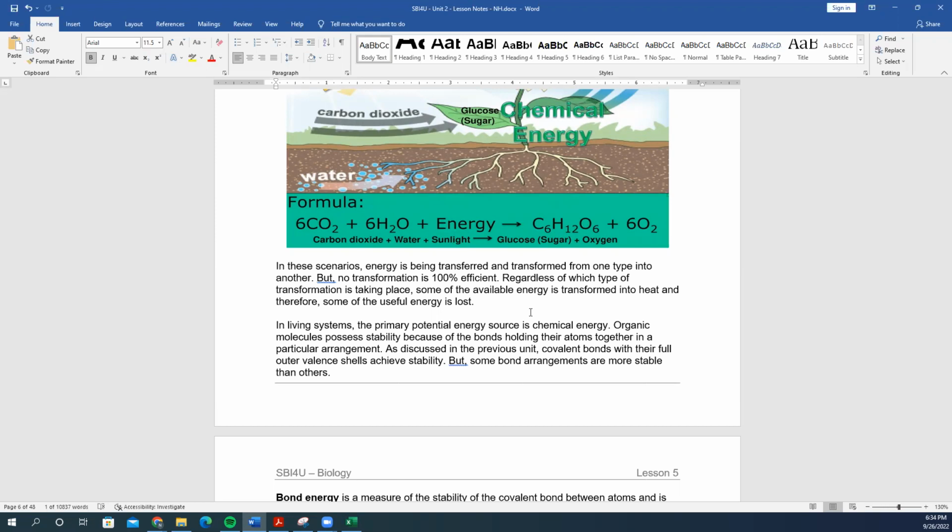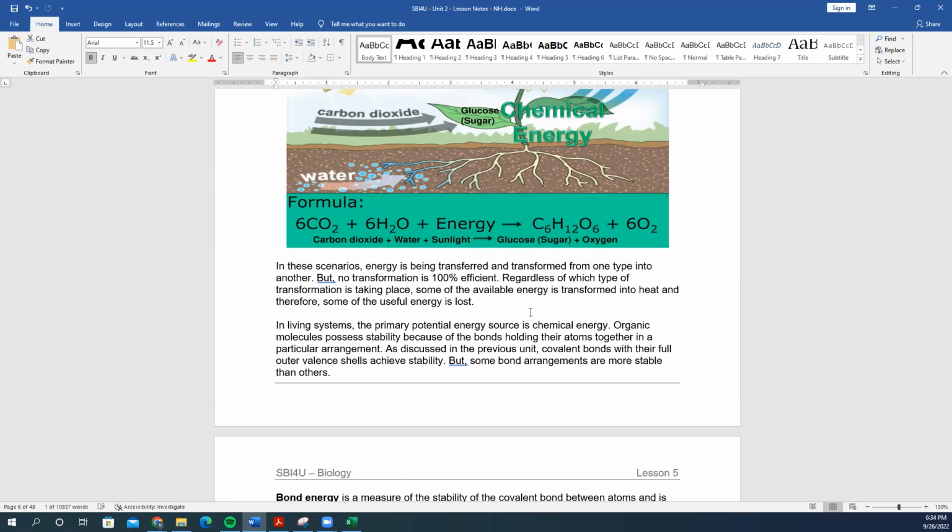And in living systems, that primary potential energy source is chemical energy. And these organic molecules, such as glucose, have a certain amount of stability because of the bonds that are holding their atoms together in a particular arrangement.